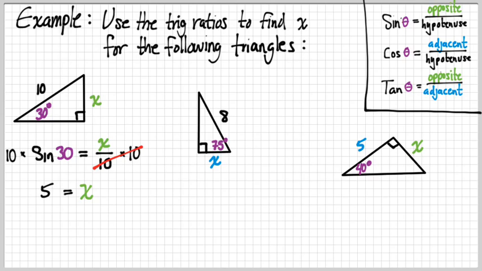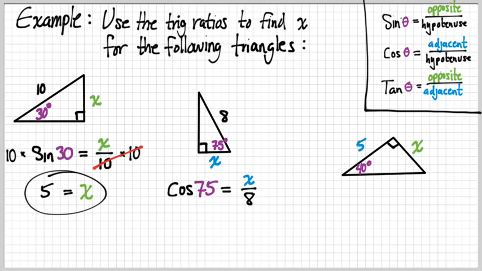Okay, next problem. We have a 75-degree angle. We know the hypotenuse is 8. And we're looking for this side here, which is adjacent to the angle. So we can use cosine. We can write the cosine ratio. Cosine of 75, so we put the angle in there, equals adjacent, so x, over the hypotenuse, or 8.